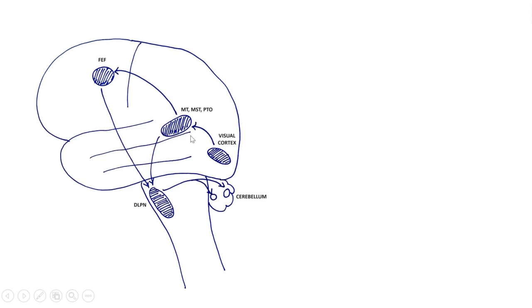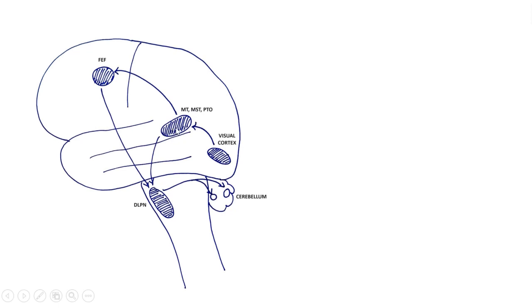This is the posterior part of the middle temporal gyrus along with the medial part of the superior temporal gyrus. All this region has been implicated in control of smooth pursuit. So our visual cortex sends information to MT, the medial part of the superior temporal, and the parieto-temporo-occipital junction, which is the control center.